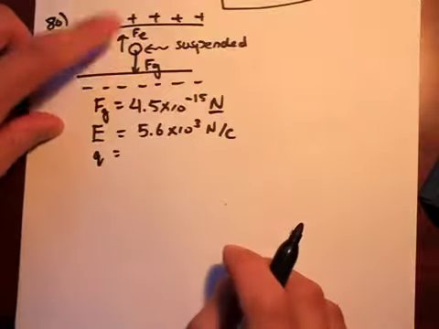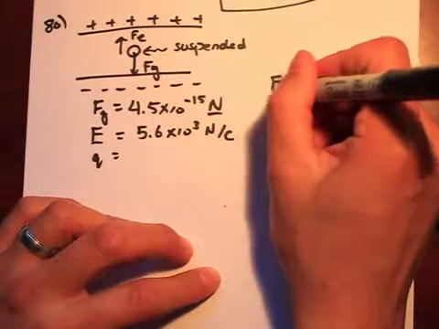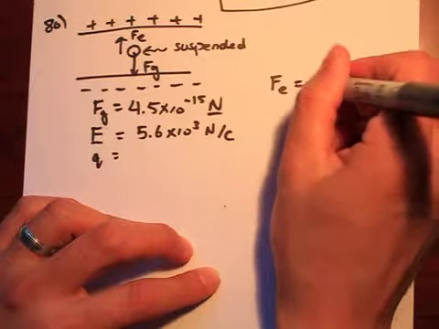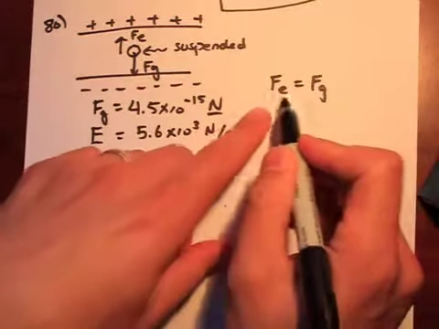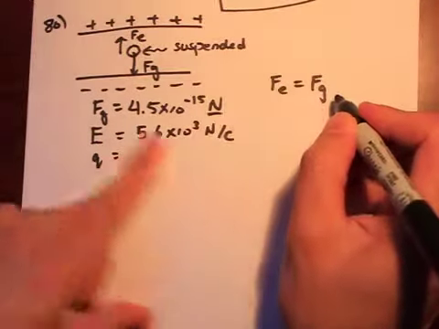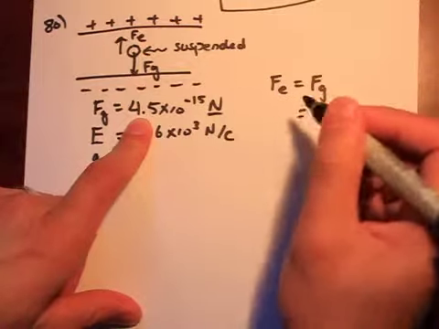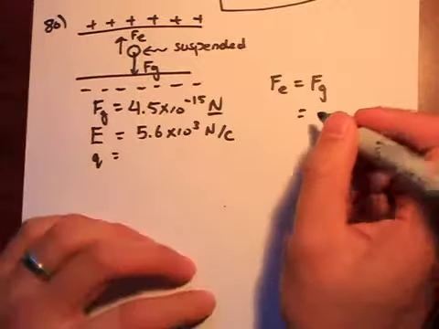Okay, so you have to use this information that it's suspended. So the force of gravity is equal to the force of the electric field, they're just equal. We know that the force of gravity is that because it's in newtons. That's the force that's applied on the drop.